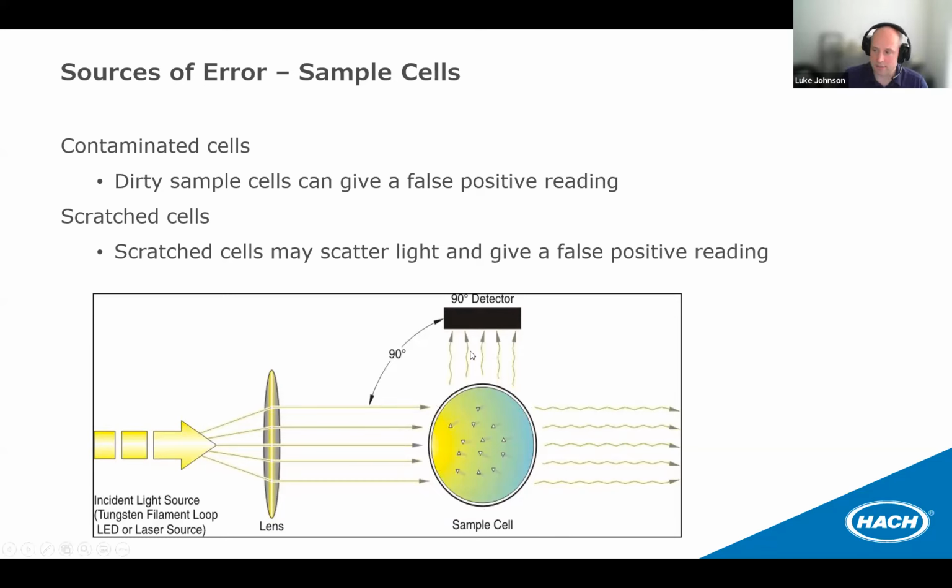That's just light reflected off of the sample cell, but you'll be getting a false high reading. So we want to make sure that sample cells are very clean and also that they're well maintained. If you have cells that are scratched or have been dropped a number of times or maybe even just once, it's best to just replace that cell. They're not terribly expensive, and you'll get better readings.